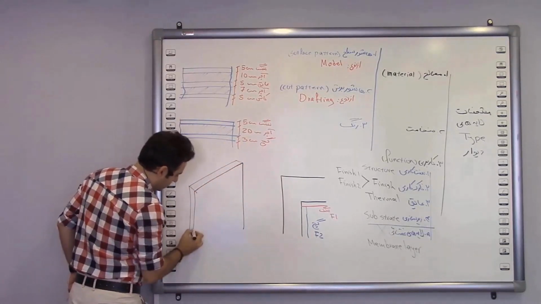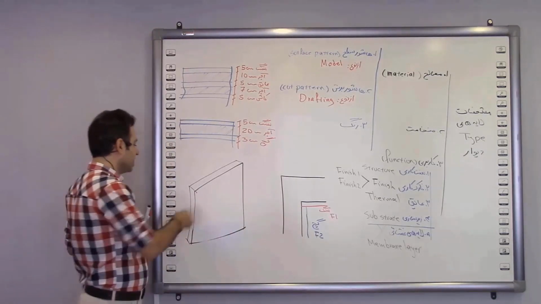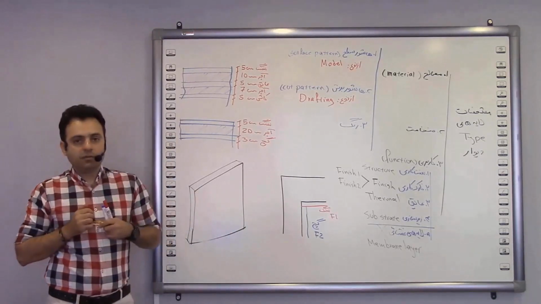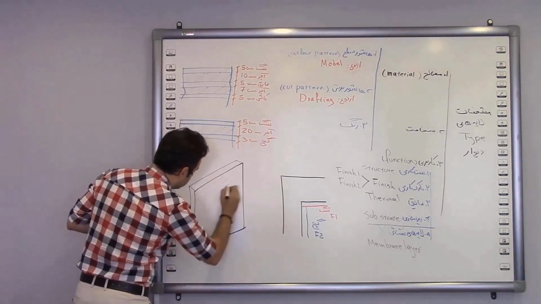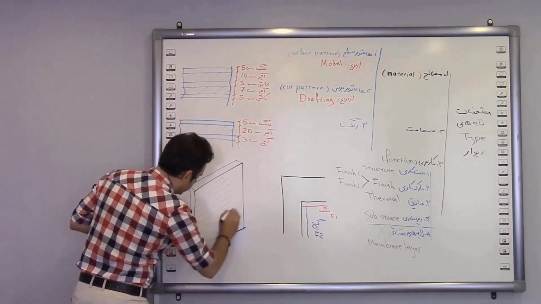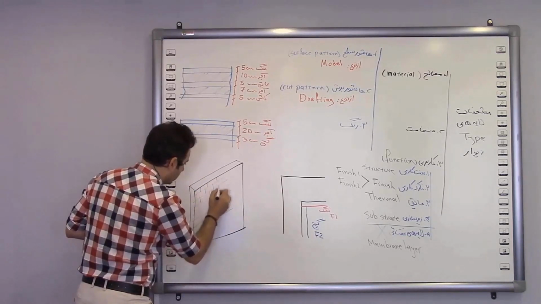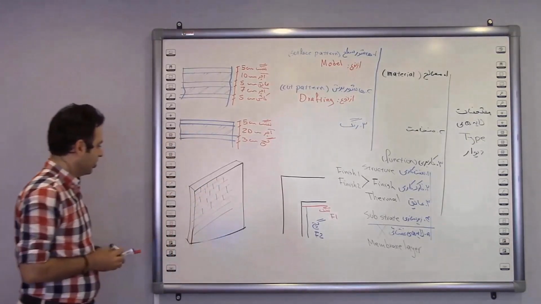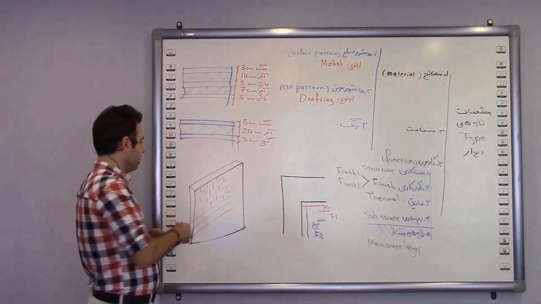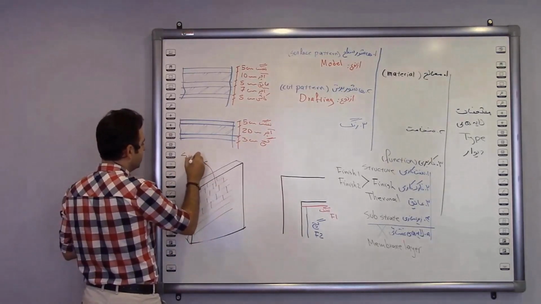Now, if I want to show you that this is a brick wall, what should I do? Well, I draw some patterns on it, just like that. In this way, I draw some patterns. Alright. Now, what do we call this? This is the surface pattern.